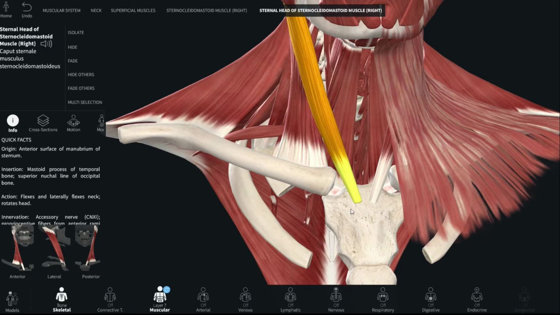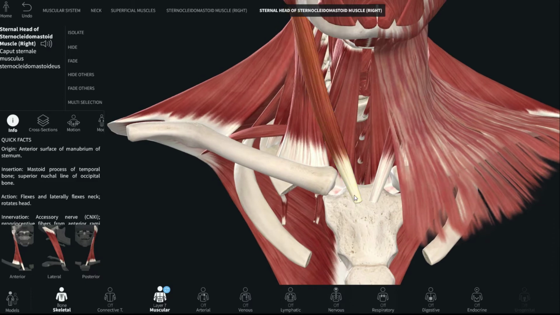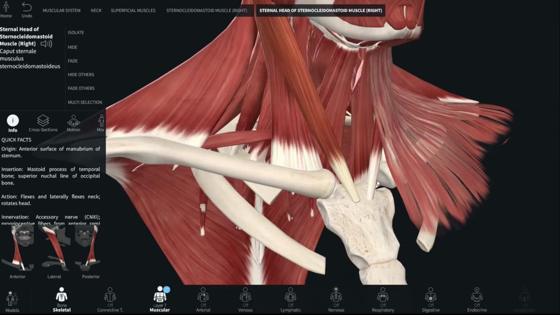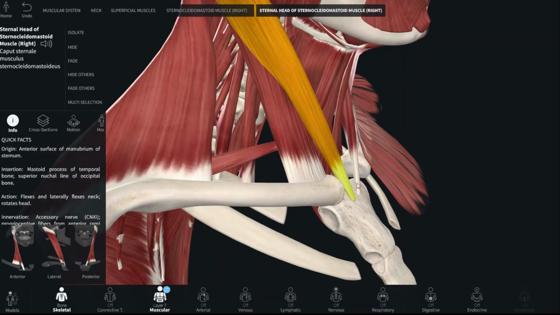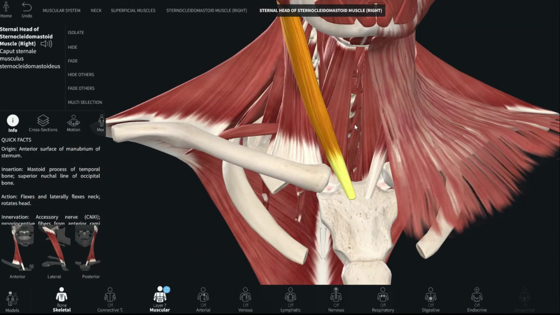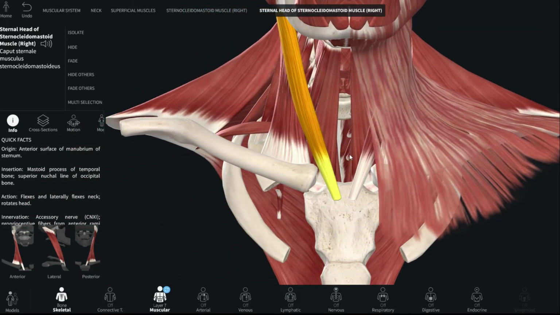A tendinous origin from the superolateral surface of the manubrium sterni, a little below the suprasternal notch. Okay, and then after taking origin, this head is passing, and this is more appreciated from the anterior view.